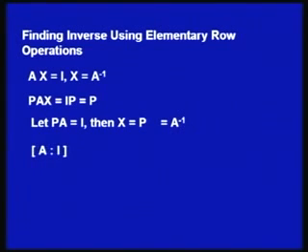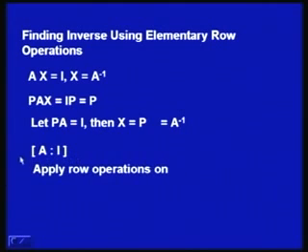So what we do is we apply a row transformation on the augmented matrix [A : I]. So instead of having a column matrix B as in the case of a system of equations, we now have an identity matrix of appropriate order.